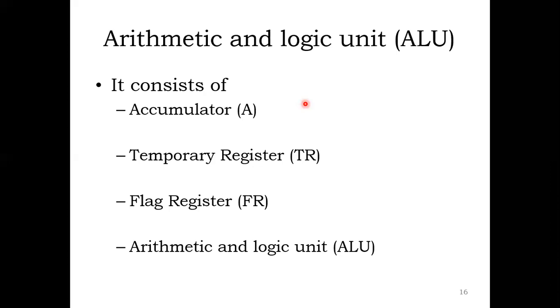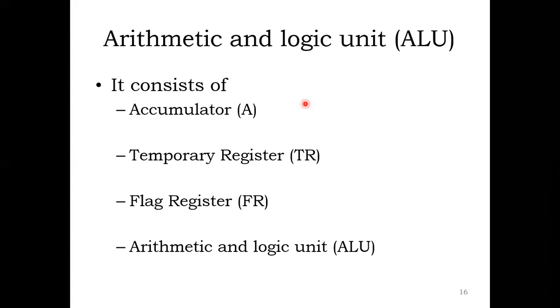The temporary register is sometimes used for external accessing and stack pointer operations. For the flag register, we have 6 types of flags that show the status of the arithmetic and logic unit. For example, if both the data are the same, the output will be 0, so some flag will be enabled, that means some flags will change state to one.